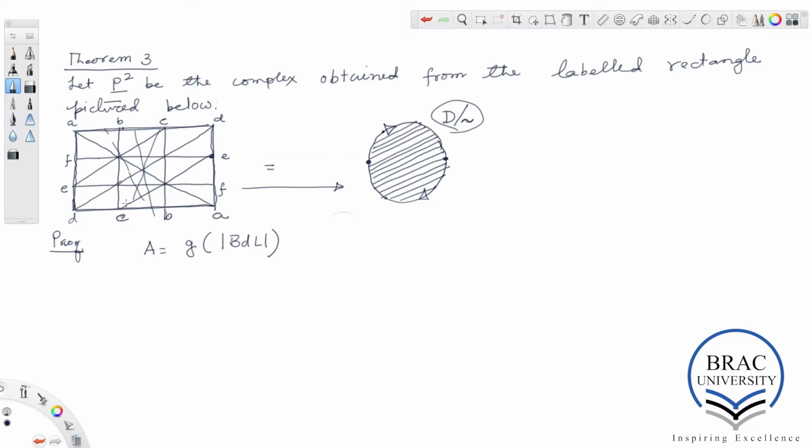Now what we are going to see is that the complex P2 can be obtained from here by cutting out a small 2-disk, and whatever we are left with is homeomorphic to a Mobius band, and that Mobius band has a boundary which is homeomorphic to a circle, and we have to attach that Mobius band along its boundary, that is a circle, to the boundary of the cutout small disk.